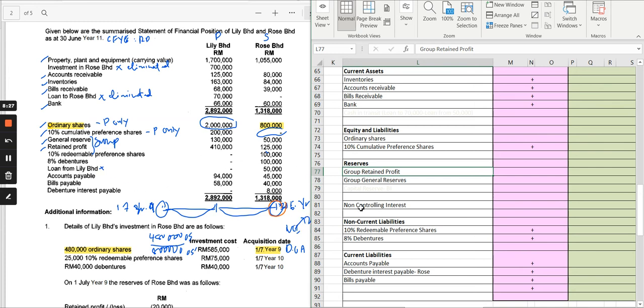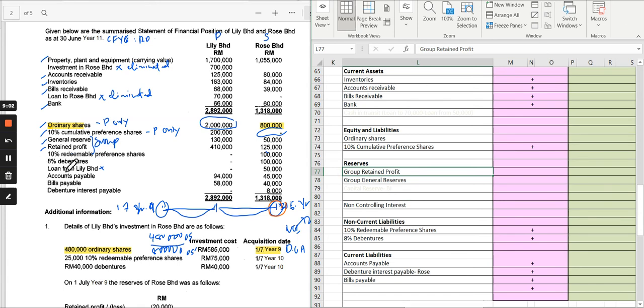So you need to include another row for the non-controlling interest somewhere between reserves and the non-current liability, because non-controlling interest is also the equity of the subsidiary company that does not belong to the parent. So these are the shares or the amount that belong to the other shareholders. So that is the non-controlling shareholder.